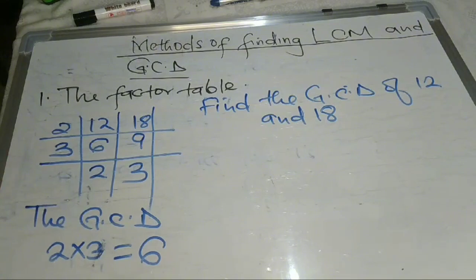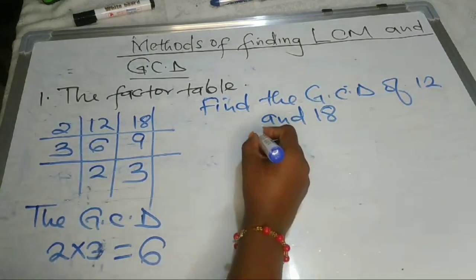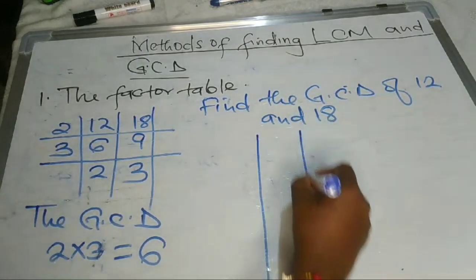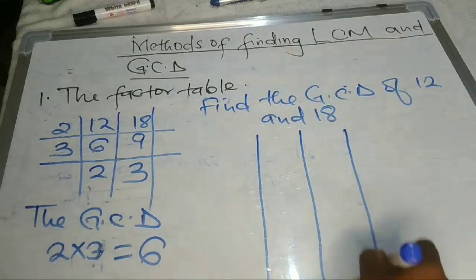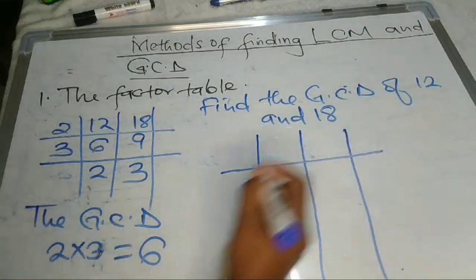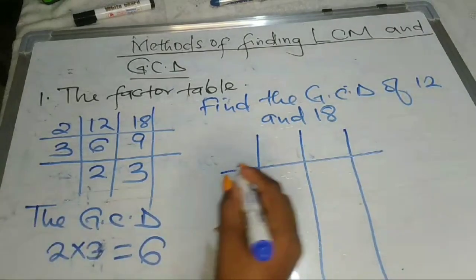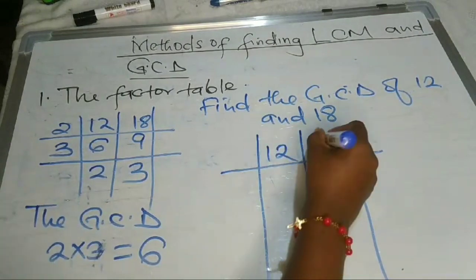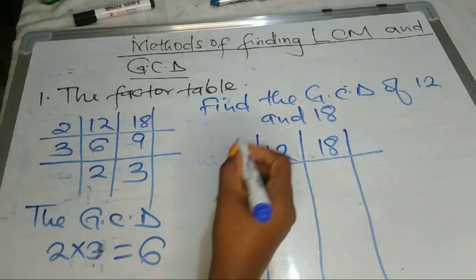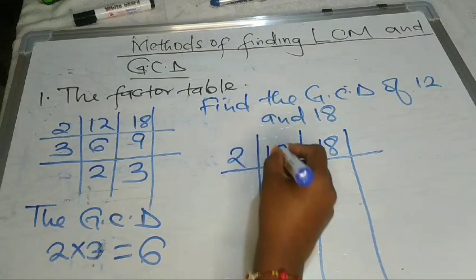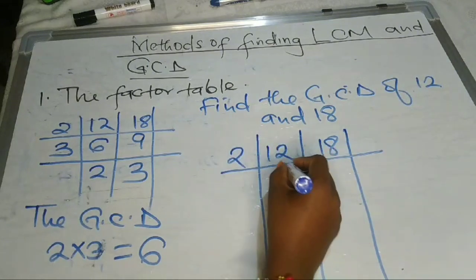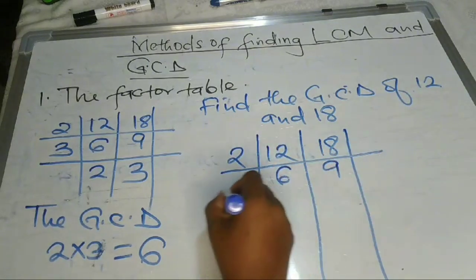So that is the factor table. We can also use the factor table to find the LCM, like in this case. For LCM, we shall have our numbers 12 and 18. So 2 divides both 12 and 18, so that we shall have 6 and 9.